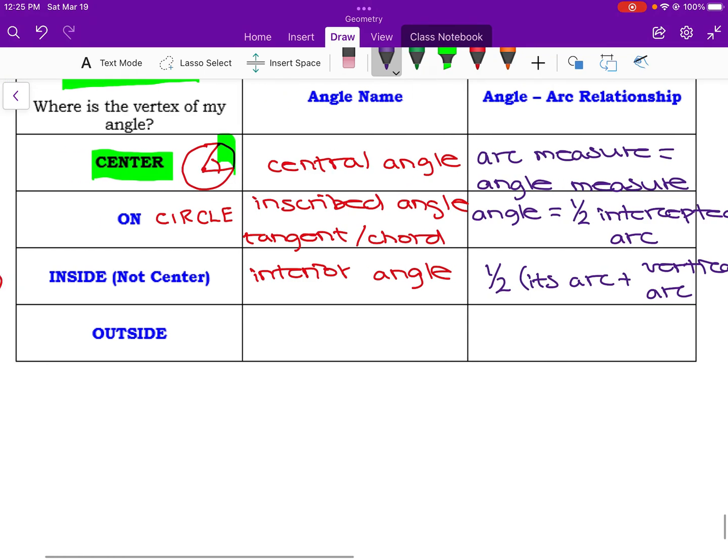Okay. Versus one that's on the outside. That was the last relationship we talked about. So something like this, we're looking at this angle, right? This is an exterior angle.